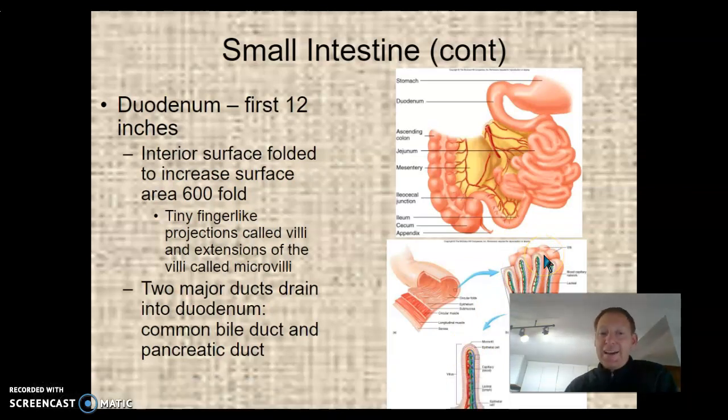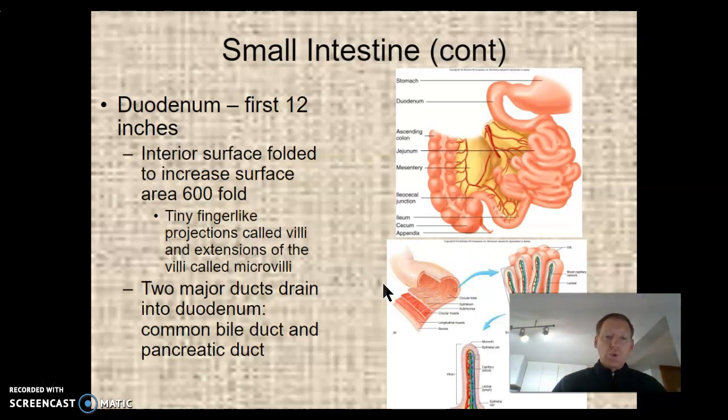So you have villi and microvilli. And basically what it does is it increases the surface area of that lining by about 600 times. So if you were to take the lining of the small intestine and spread that surface area out, it would be about the size of a tennis court.